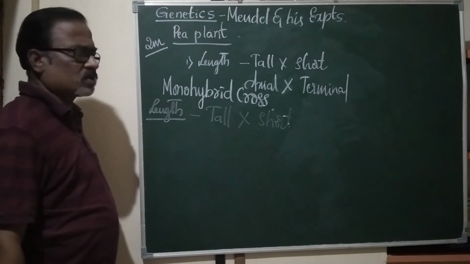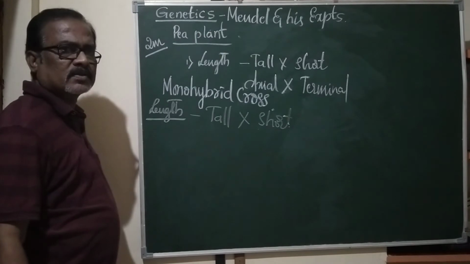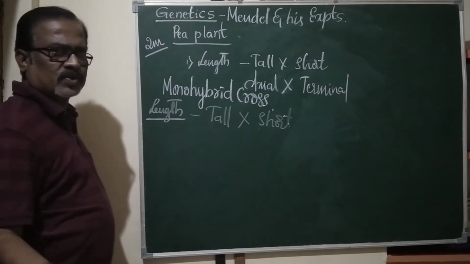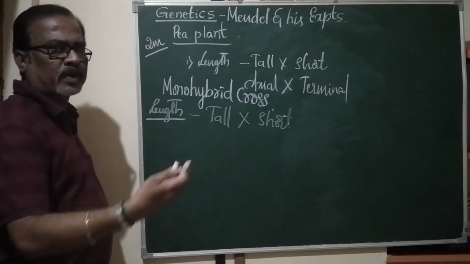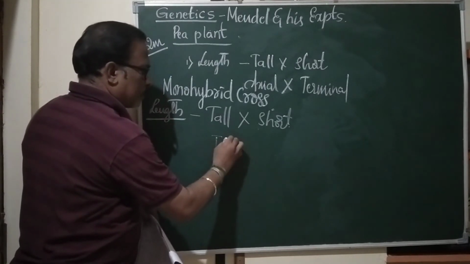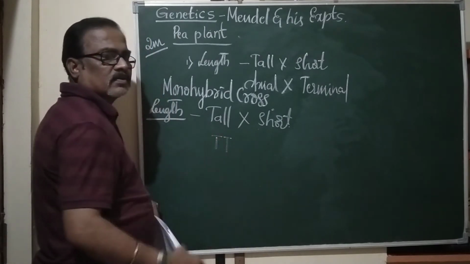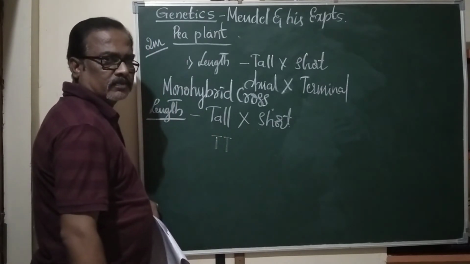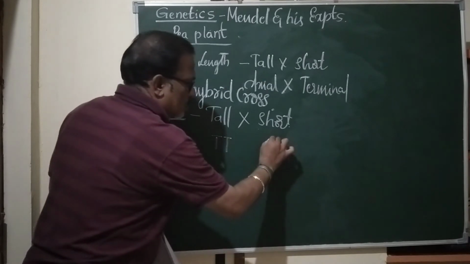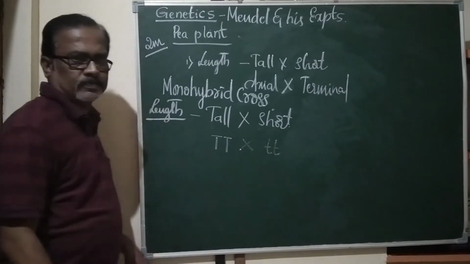In genetics, we represent the characters by the first letter of the dominant trait. For tallness, capital T, and its second alphabet, small t, for shortness.